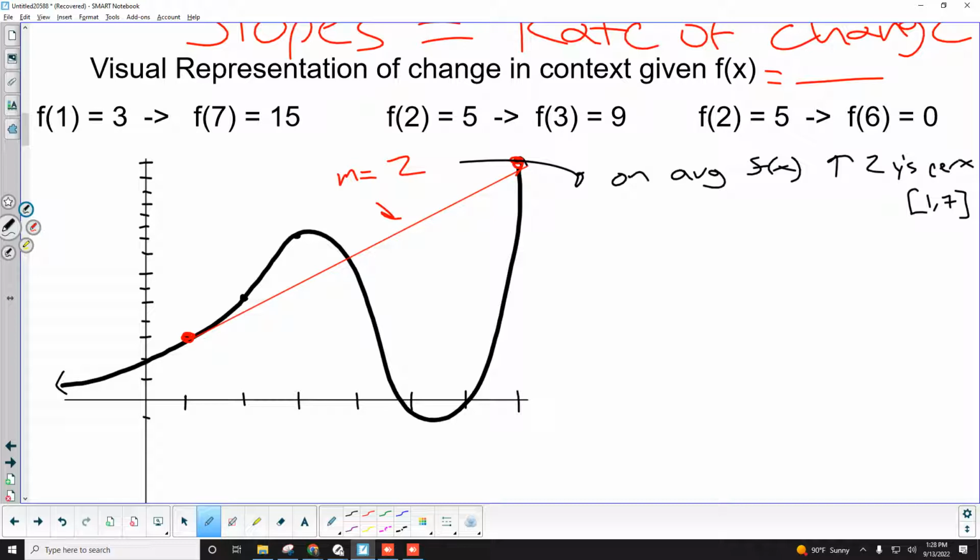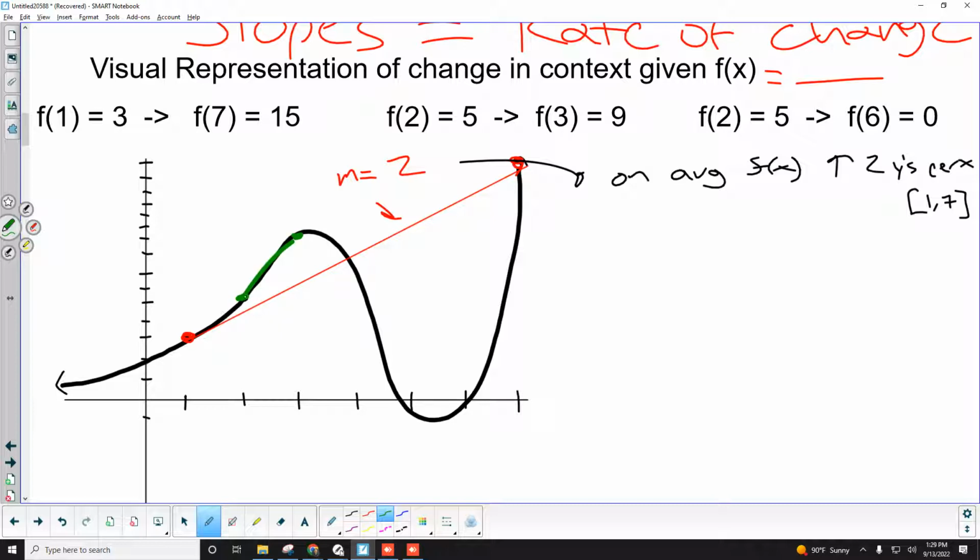But we can say, because we know these 2 points, that on average, if you were to go up 2 y's per x from 1 to 7, you would end up 12 higher. You'd end up at 15. We did the same thing with (2, 5) and (3, 9). It might appear that it is going at the same rate, but it's not.